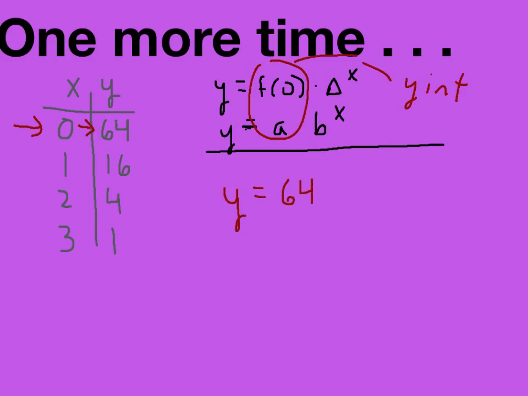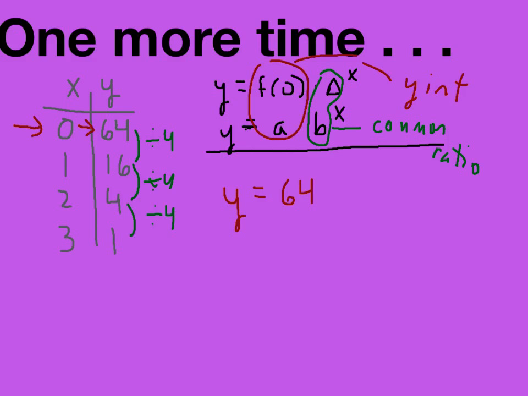Now we need to go ahead and look for that rate of change. So I'm going to look for my delta, or my b. That's, remember, my common ratio. And so going from 64 to 16 is dividing by 4. 16 to 4 is dividing by 4.